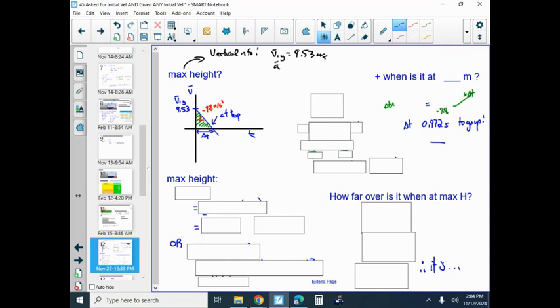And the acceleration in the vertical is negative 9.8 due to gravity. And what else do we have for maximum height? That's the trick to realize, right? The other thing we know is that our final velocity in the y direction is 0. And that's the hidden information in something like this.